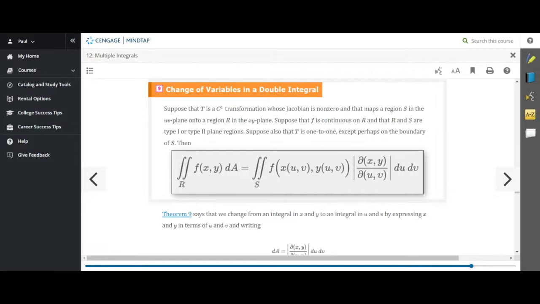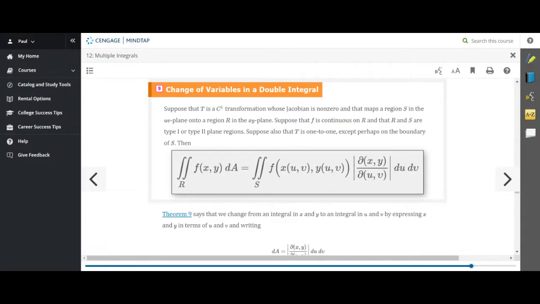The integrand won't work. You could let x equal a function of u and v and y equal a function of u and v, and the double integral will change to an integral not with respect to variables x and y, but with respect to variables u and v.